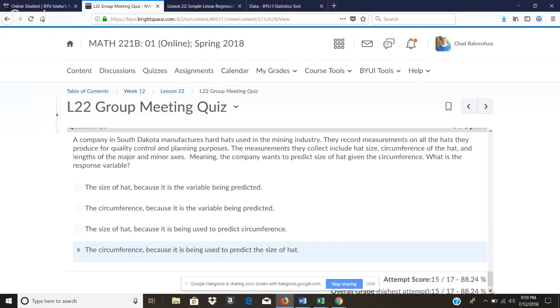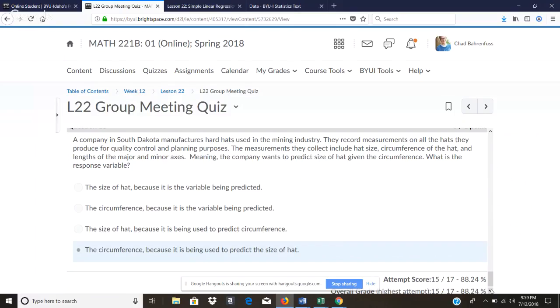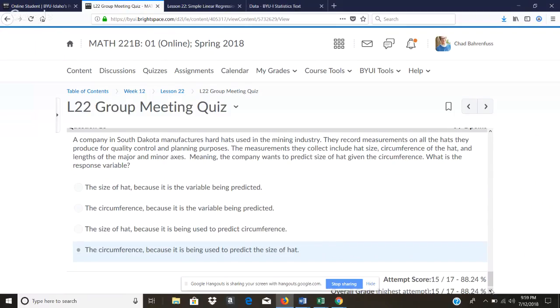The company that manufactures hard hats used in the mining industry records measurements on all hats for quality control and planning purposes. The company wants to predict size of hat given the circumference. What is the response variable? The size of the hat, because it is the variable being predicted.